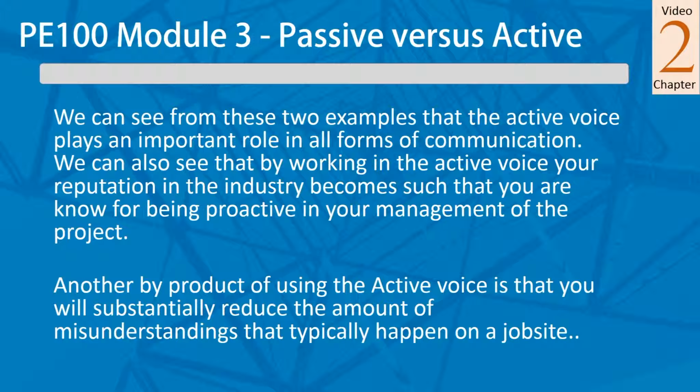And another byproduct of using the active voice is that you're going to really reduce the amount of misunderstandings that typically happen on a job site. That's the he said, she said, and no, you didn't really say that.